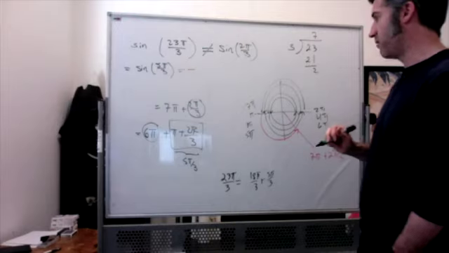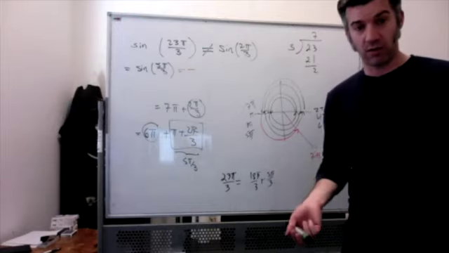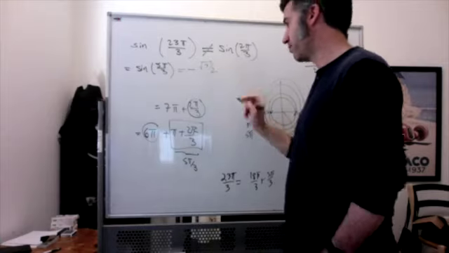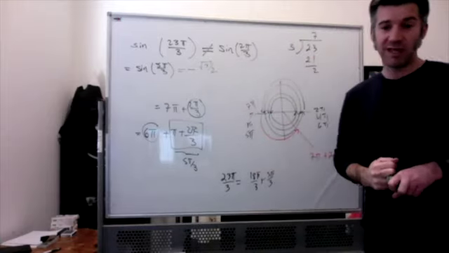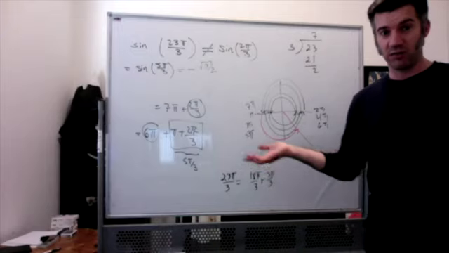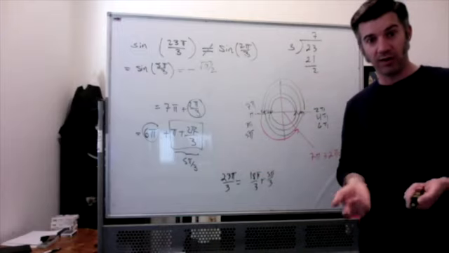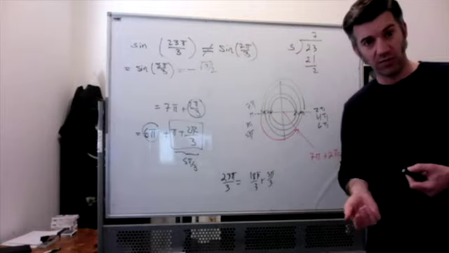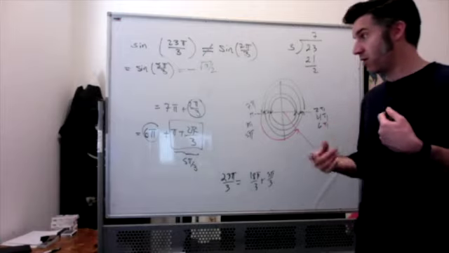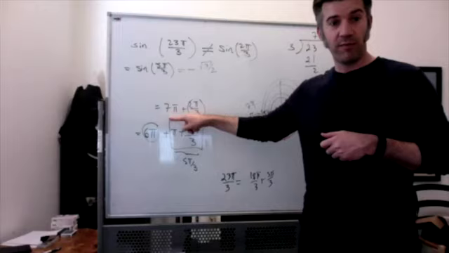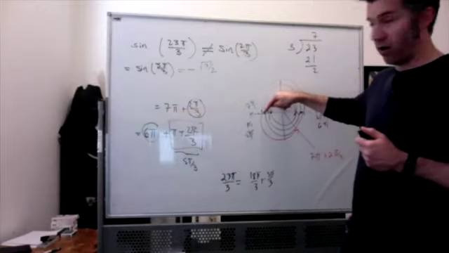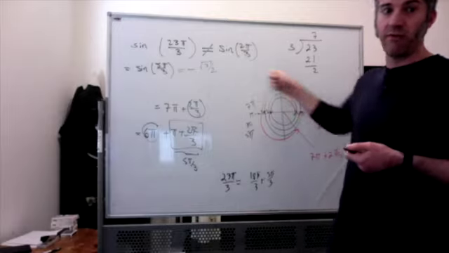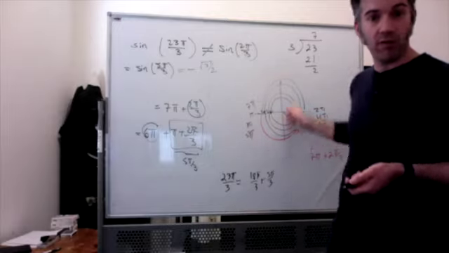And sine of pi over 3 is the square root of 3 over 2, so it's negative square root of 3 over 2. What I really should be saying is there's a lot of ways to determine what your angle is and where it is, and you have to do what works best for you. But you should definitely know an odd multiple of pi gets you over there on the left side of the unit circle. An even multiple of pi gets you a full revolution, or some number of full revolutions.